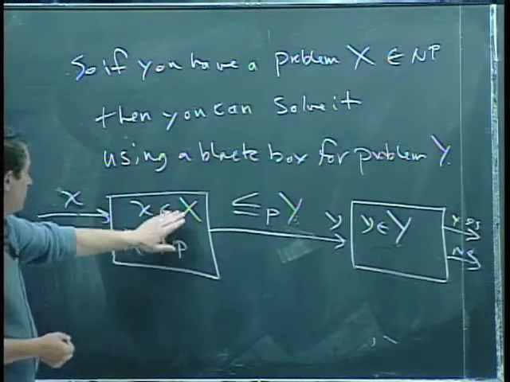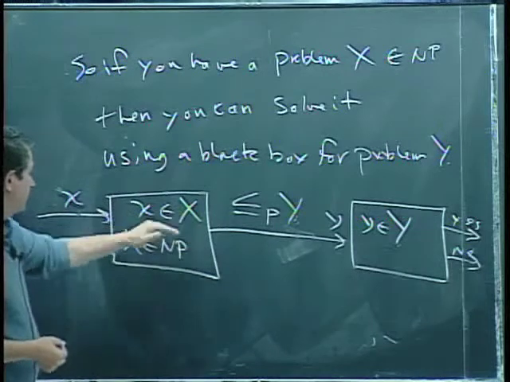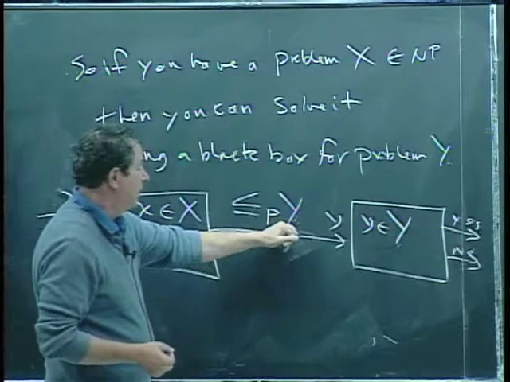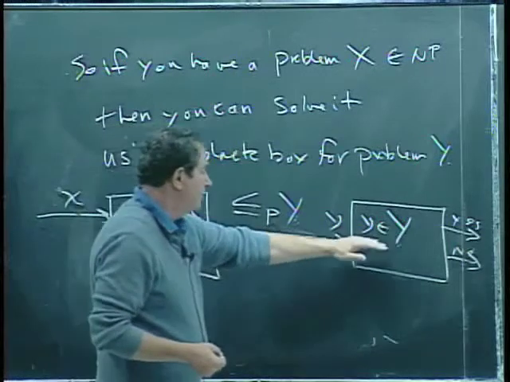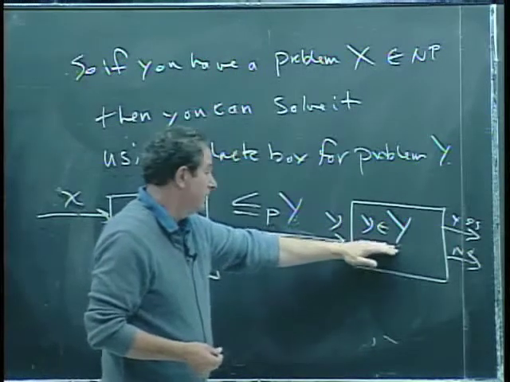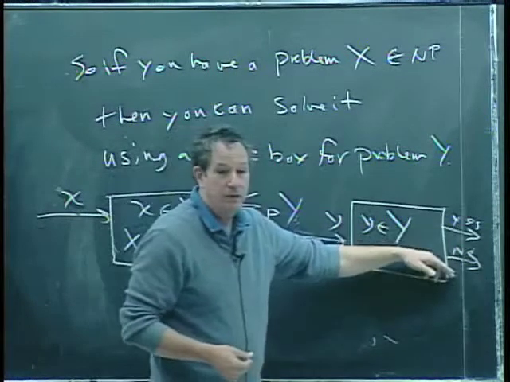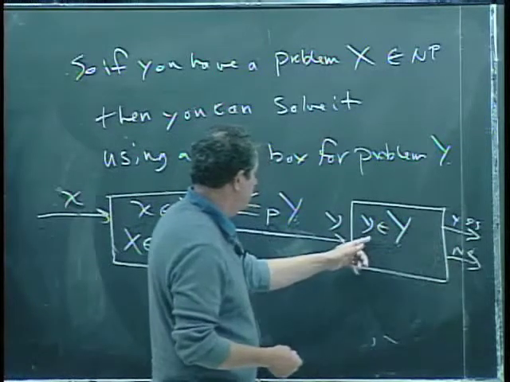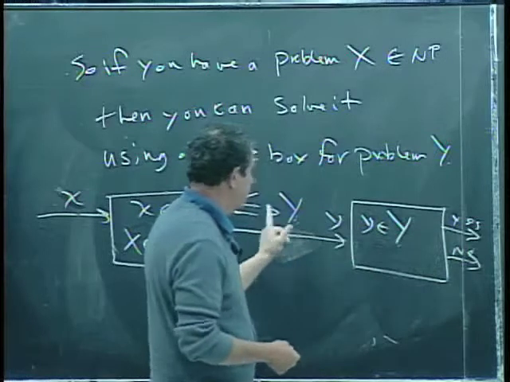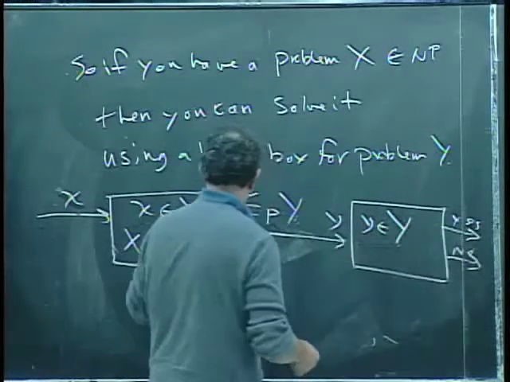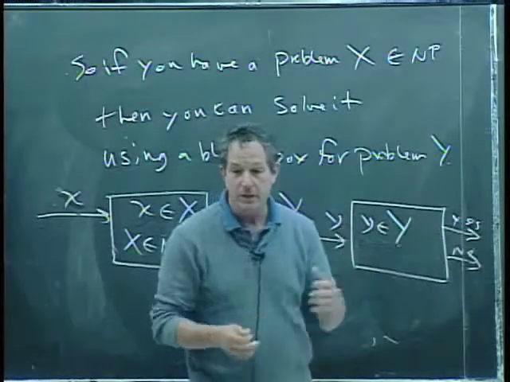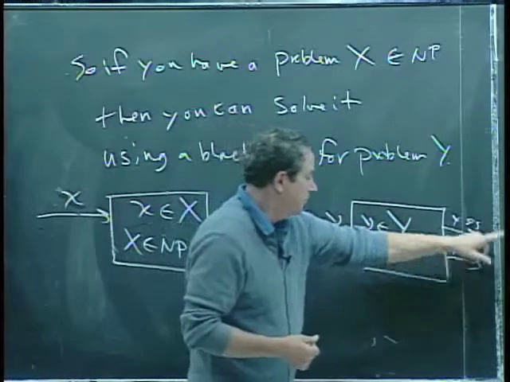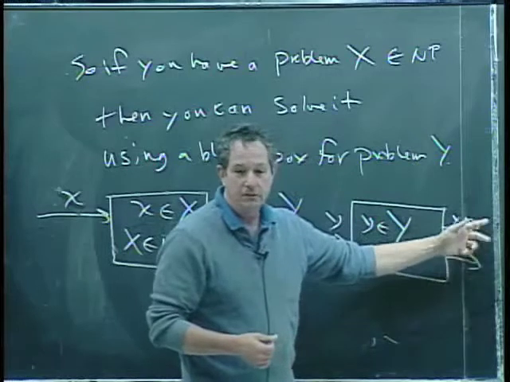So any instance of X is reduced in polynomial time to Y, and then you use the polynomial time algorithm here to solve that instance, and you get a yes or no. And of course, you do have to pay attention to how this reduction works. Does a yes here mean a yes here, or does a yes mean a no? That's a detail of the reduction, and so I probably should have had something here which said interpret the yes or no appropriately.